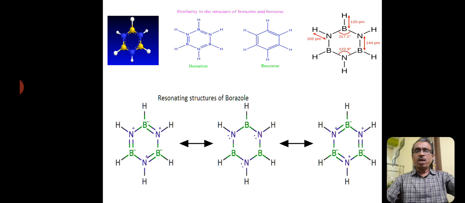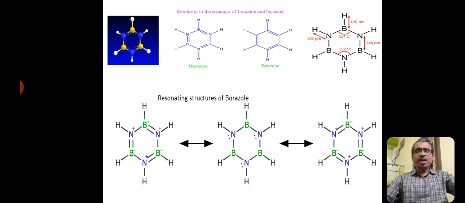Coming to the bond angles, the NBN bond angle is 117.1 degree and the BNB bond angle is 122.9 degree. Borazine has sp2 hybridization, and if you add the two and take the average, the bond angle becomes 120 degree.